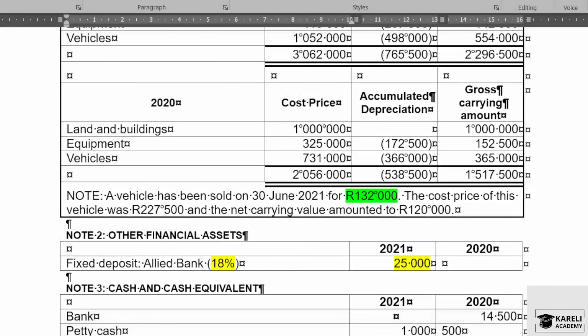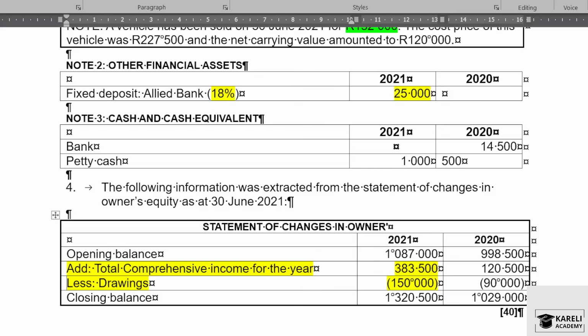Capital, we go to the statement of changes in equity. Now, logic tells me that the amount that was the closing balance in 2020 is supposed to be the opening balance in 2021.